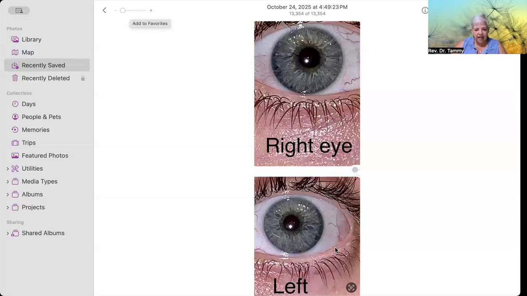The left eye is normally where the heart is represented. It is not represented in the right eye. So the left eye does show some things that are very indicative of some things going on. But as we go through this, I want to just share with you the things that I'm seeing.